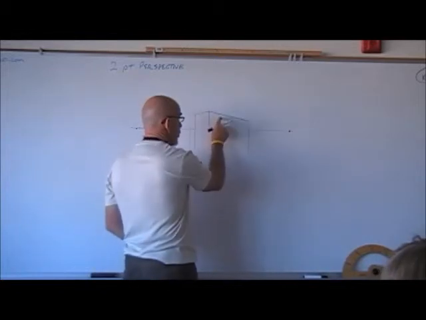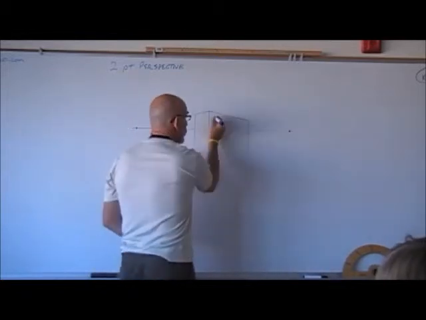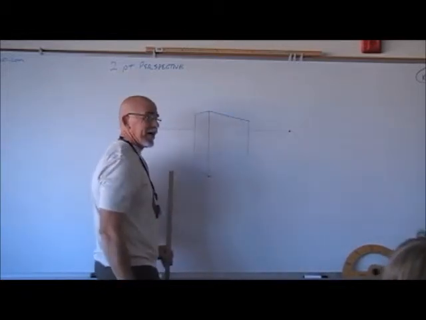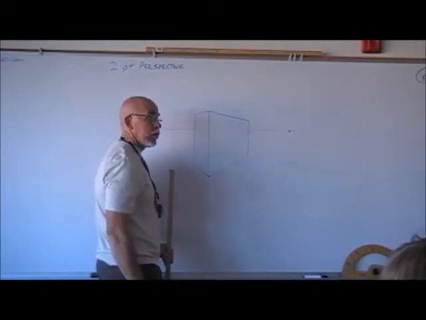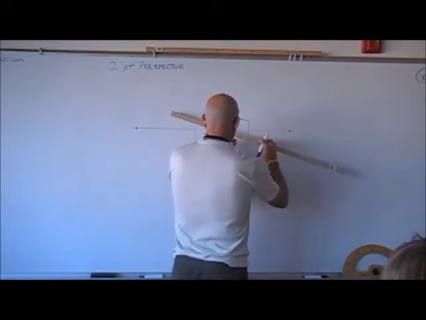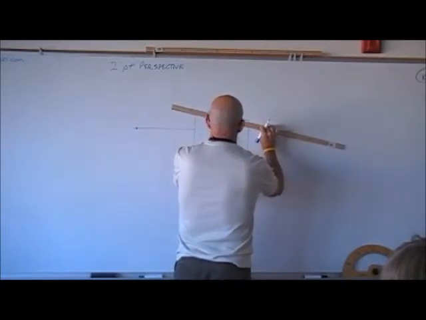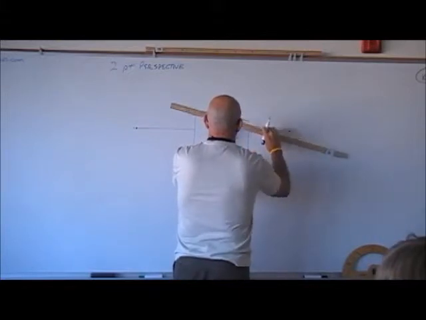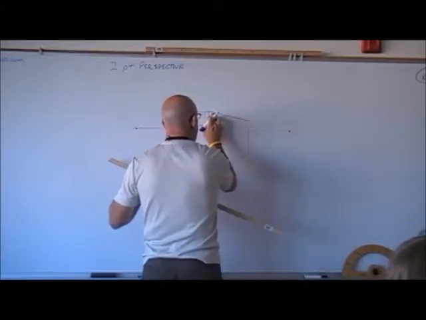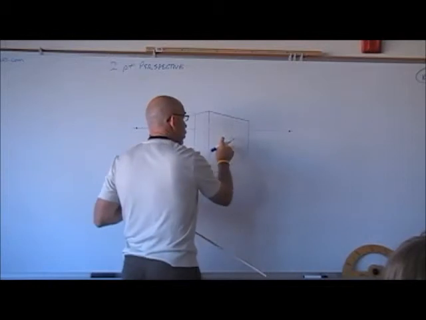But if that is parallel to this horizontal, where would the top of that sign go? Since it's horizontal, you're going to have the top part of the sign and a bottom part of the sign.